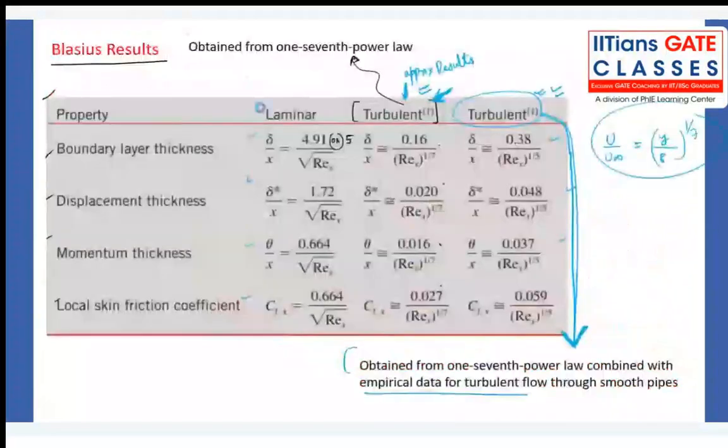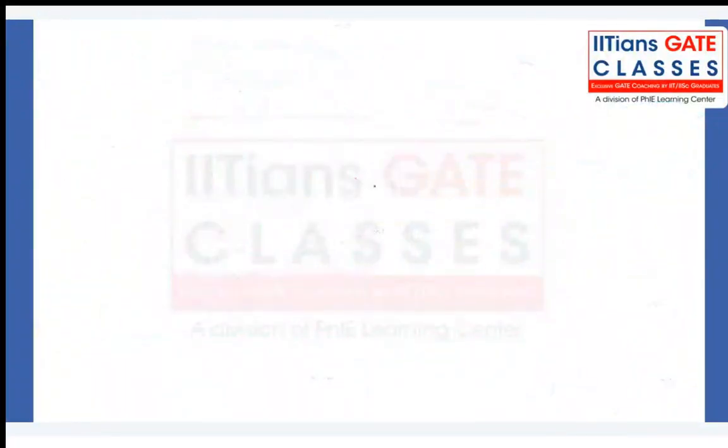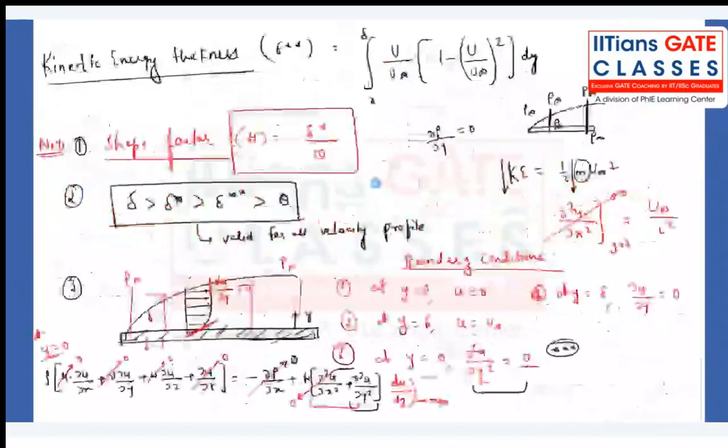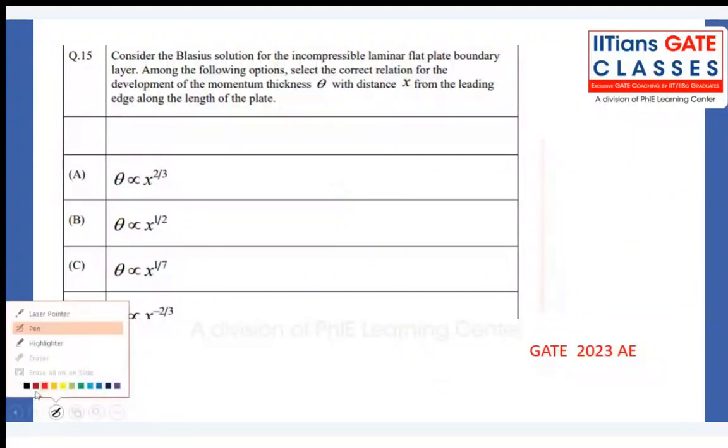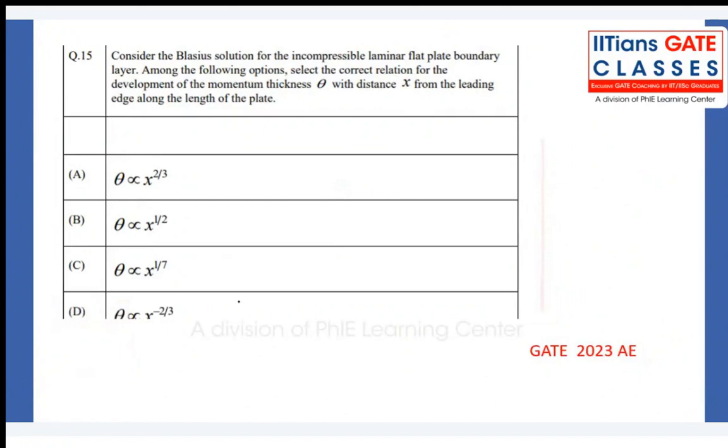Now, this question was asked recently this year, a very simple one. Consider a Blasius solution for an incompressible laminar flat plate boundary layer. The momentum thickness will vary with respect to distance x as what? That's one of the simple questions they have given.